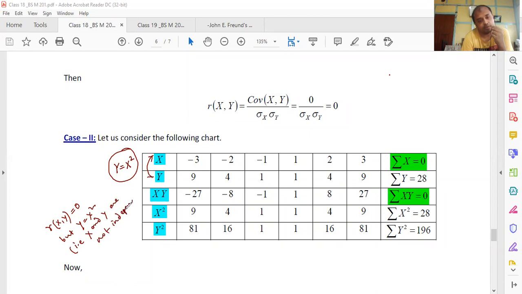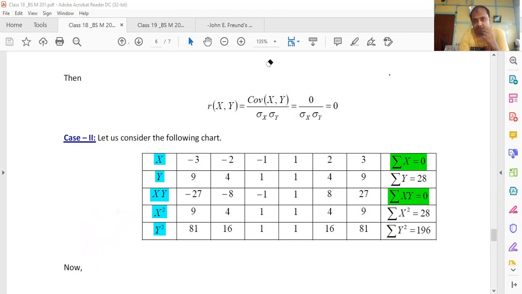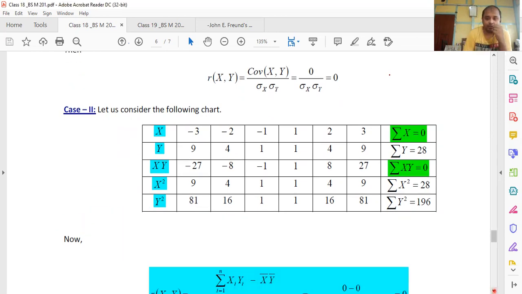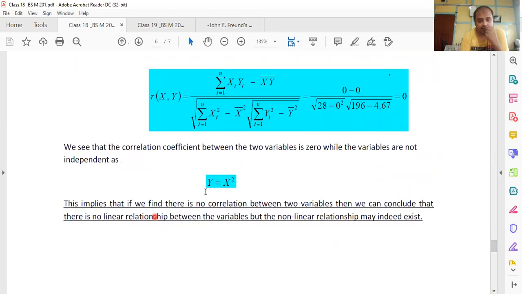So a question may come to your mind: when we get that the correlation between two variables is 0, what does it actually mean? What is the meaning of this particular statement? The meaning has been written below. When we find that the correlation between two quantities is 0, it means that between the variables there is no linear relationship.